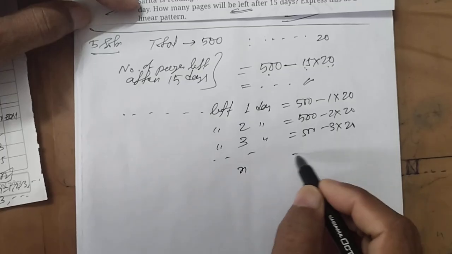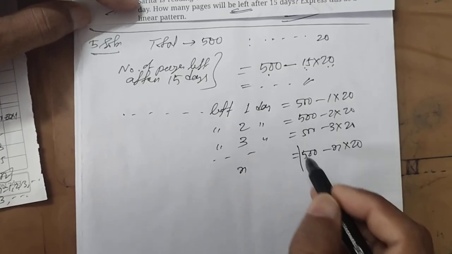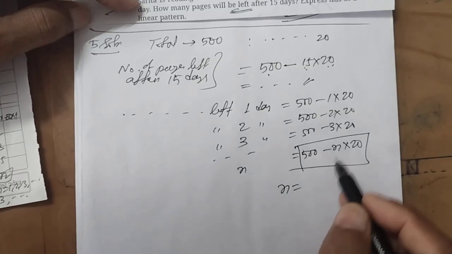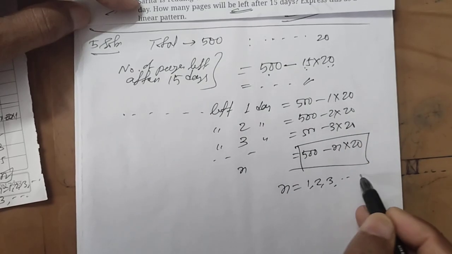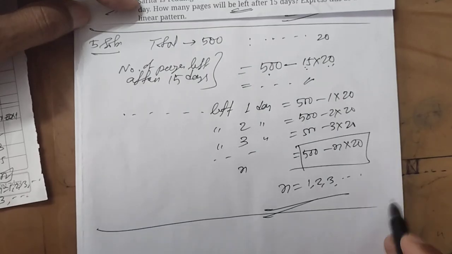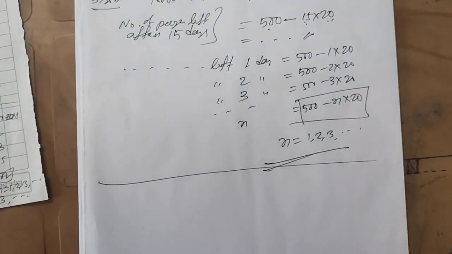At the end of n days will be 500 minus n times 20. So this is the linear pattern, you see. What are the values of n here? 1, 2, 3, it will go on like this. You can put dots. So this is the linear pattern, and this is the complete solution for the exercise. This is exercise 2.3.